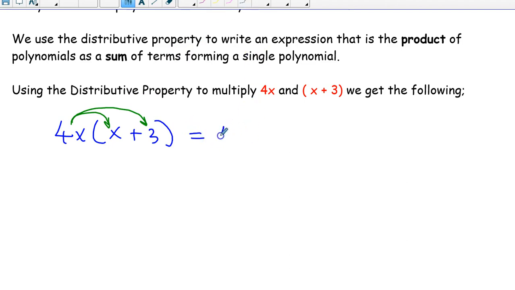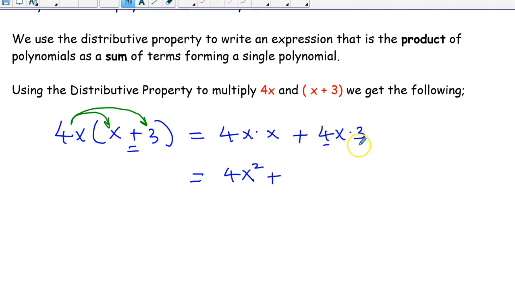So I'll write 4x times x, plus 4x times 3. 4x times x gives you 4x squared, plus 4x times 3.